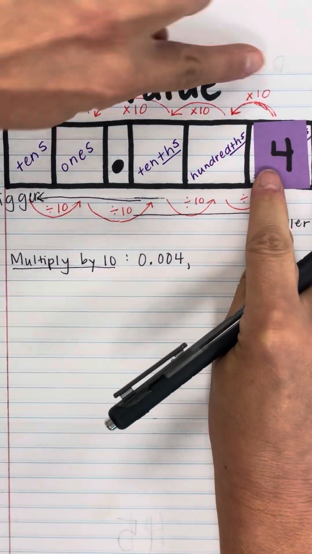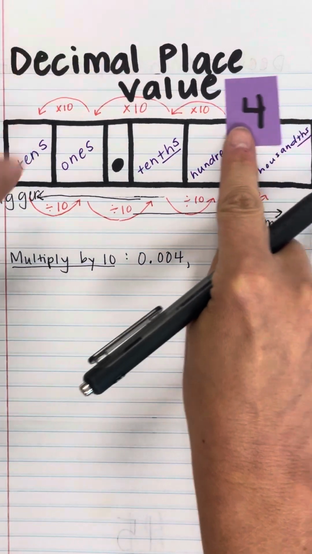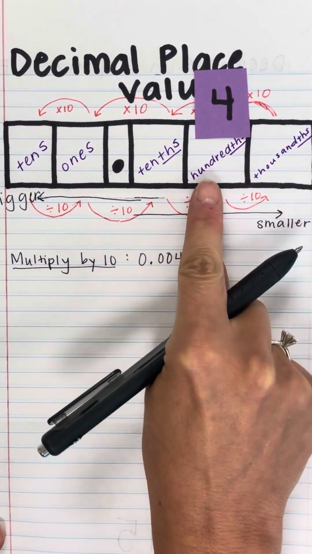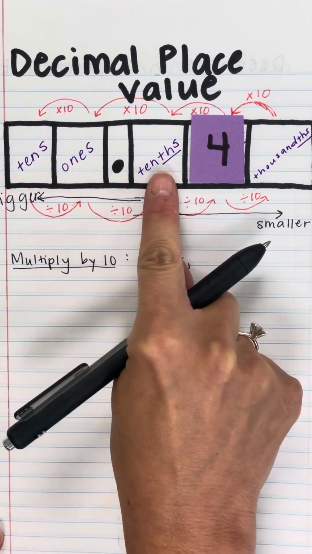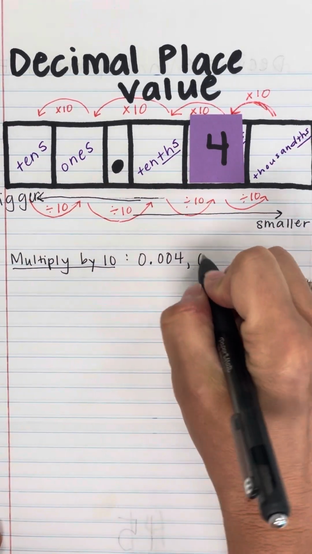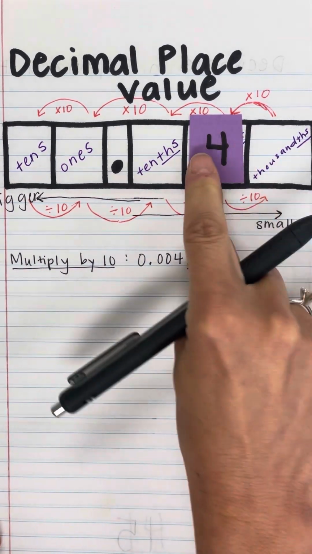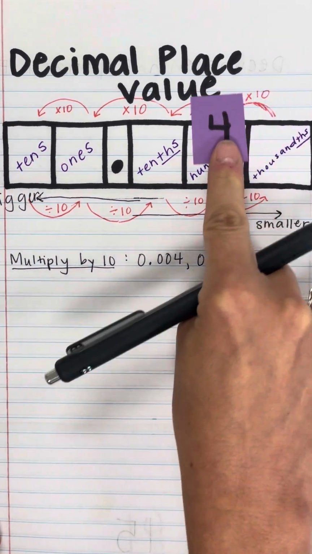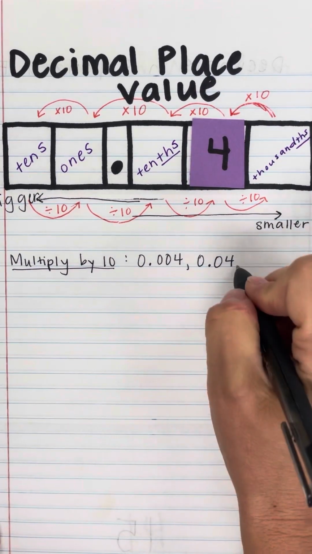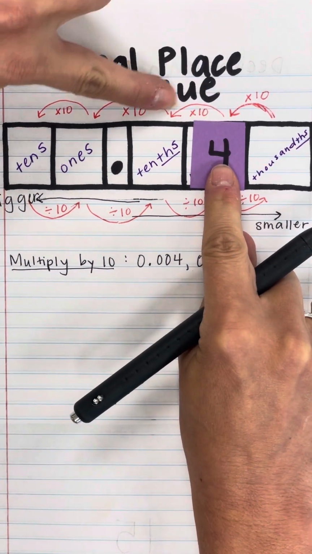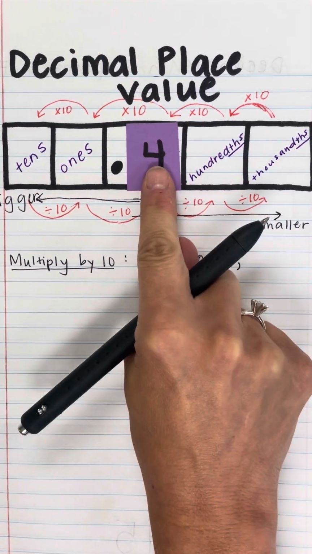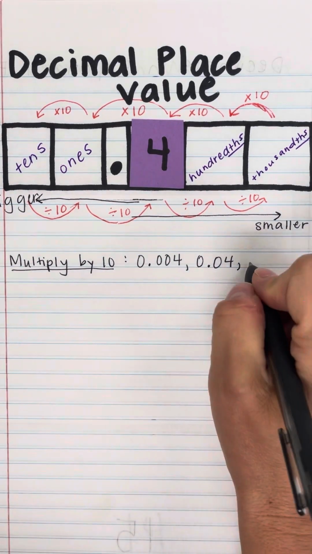And if we multiply it by 10, it's going to come right over here. So what place value is it in? The hundredths. So we would have 0.04. Sometimes our kids like to actually physically move that over. Our next one, if we multiply it by 10, noticing our pattern, we're going to come over one more, and it's in the tenths spot.